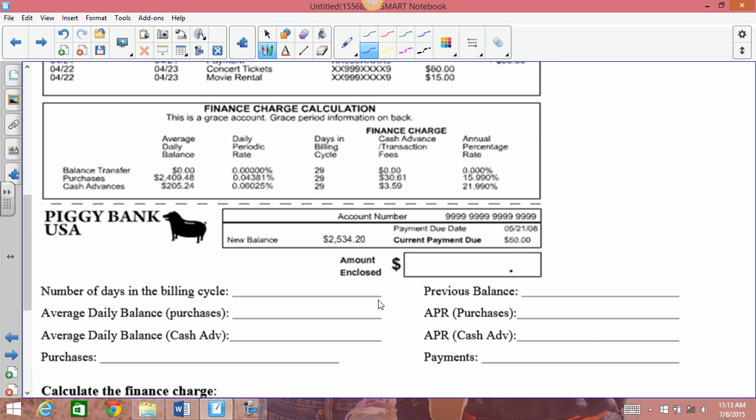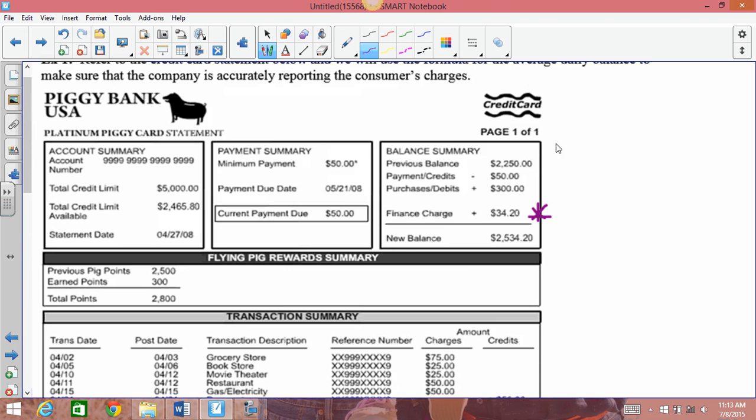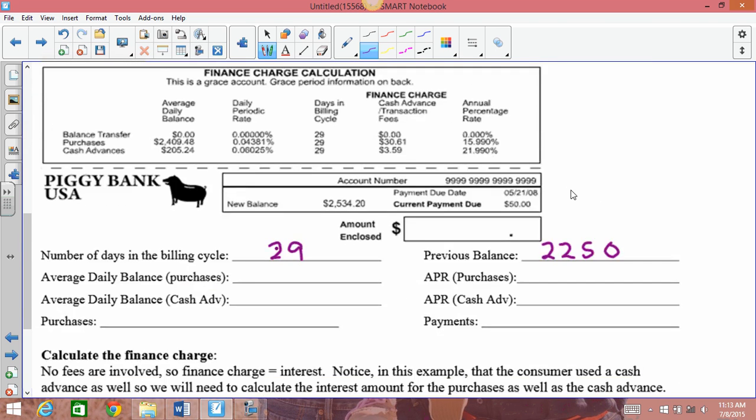So let's pick out a lot of things that are going on here. The number of days in the billing cycle, you are picking that up right here in the center. So there are 29 days in this billing cycle. Previous balance. The previous balance on the card was $22.50, coming back up to the very top.